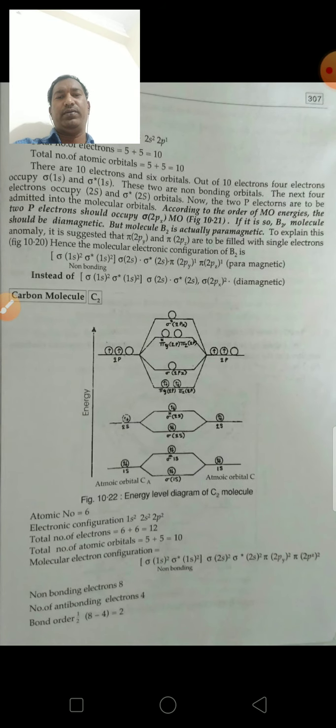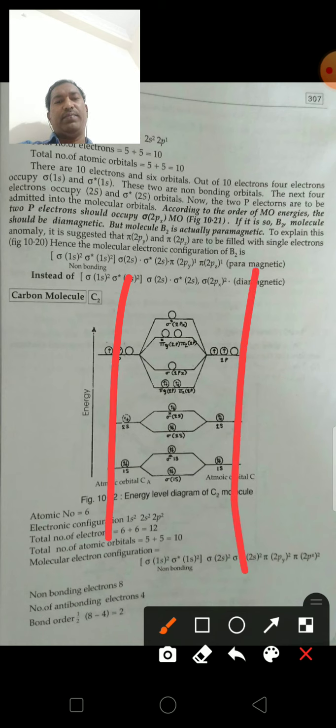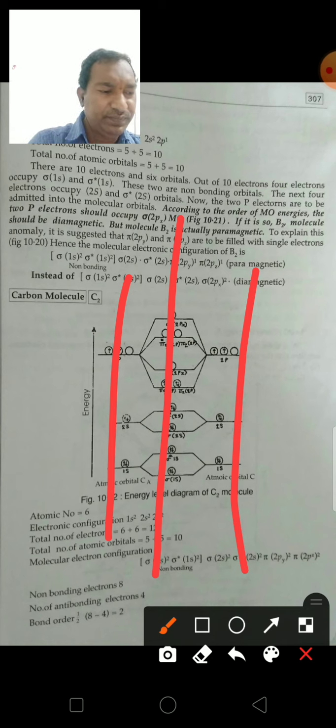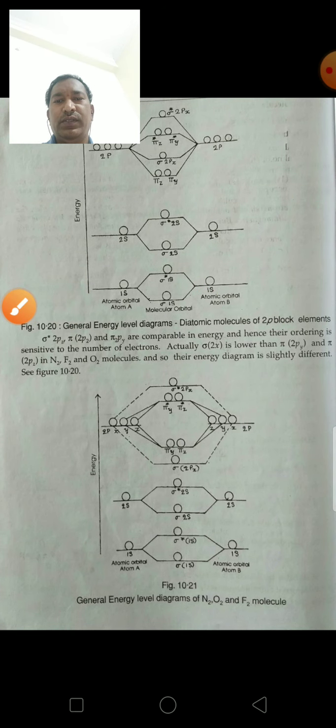This is the carbon molecule. So these are the carbon atomic orbitals, these are the carbon atomic orbitals. So this is the molecular orbitals of carbon. These molecular orbitals we can fill according to Hund's rule. So this is the general energy level diagram for nitrogen, oxygen and fluorine.